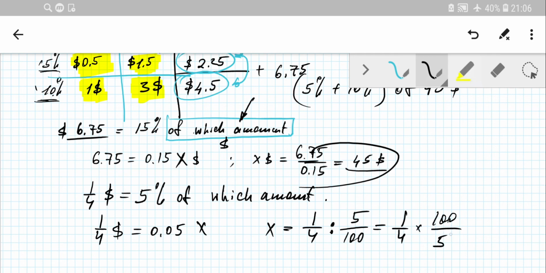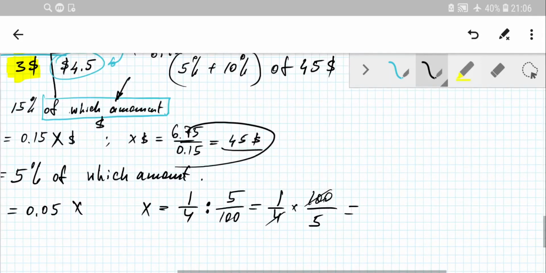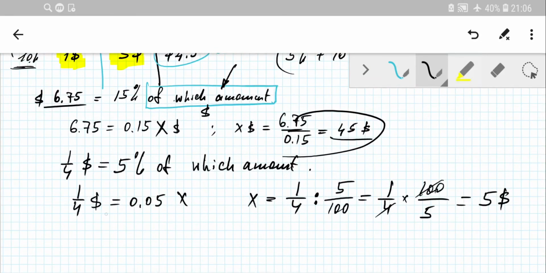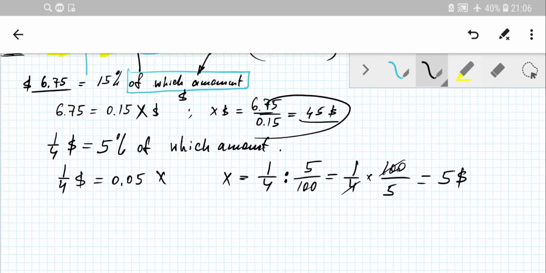So I've got this. Okay, and now you can cancel, right? You've got 25 over 5, you've got $5. So the actual result, so quarter is 1/4 of the dollar, yeah? So it's 5 from the $5, yeah? So it's 5.